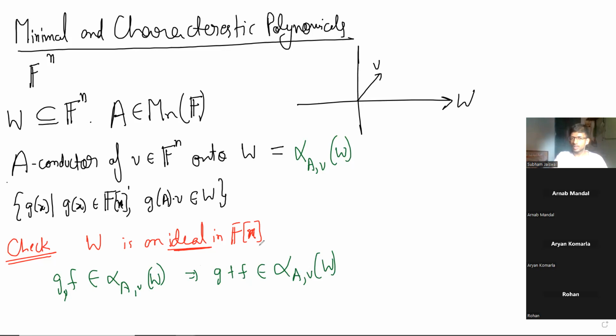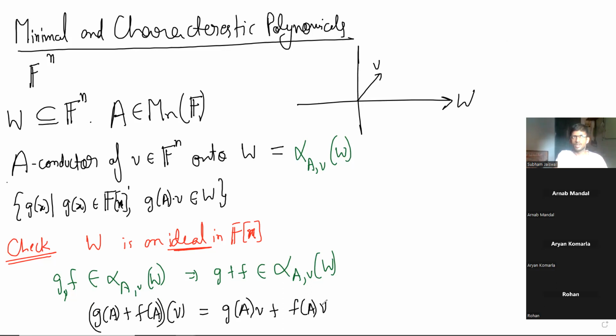So what do we have to check? You have to just check that you take g(A) plus f(A), and then you act it on v. Then you want to show this is in W. But then you know by linearity of matrix multiplication.